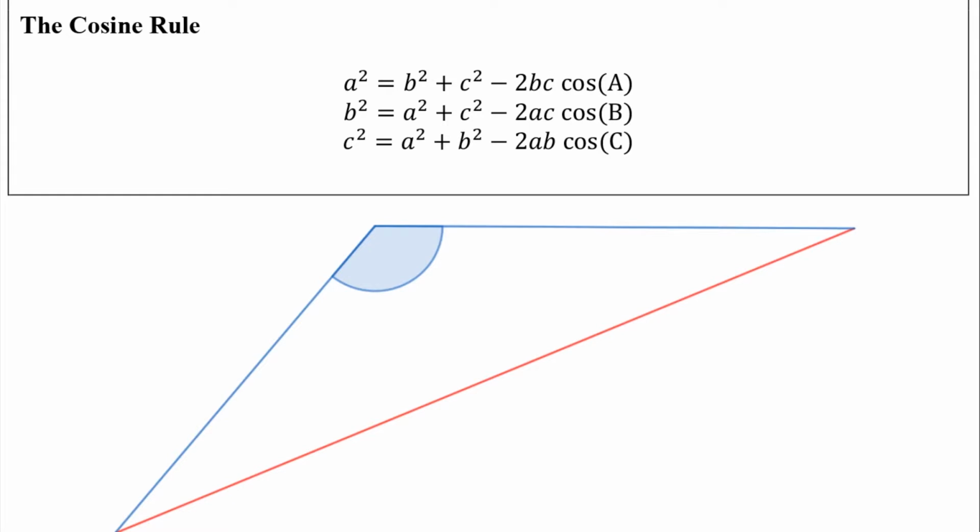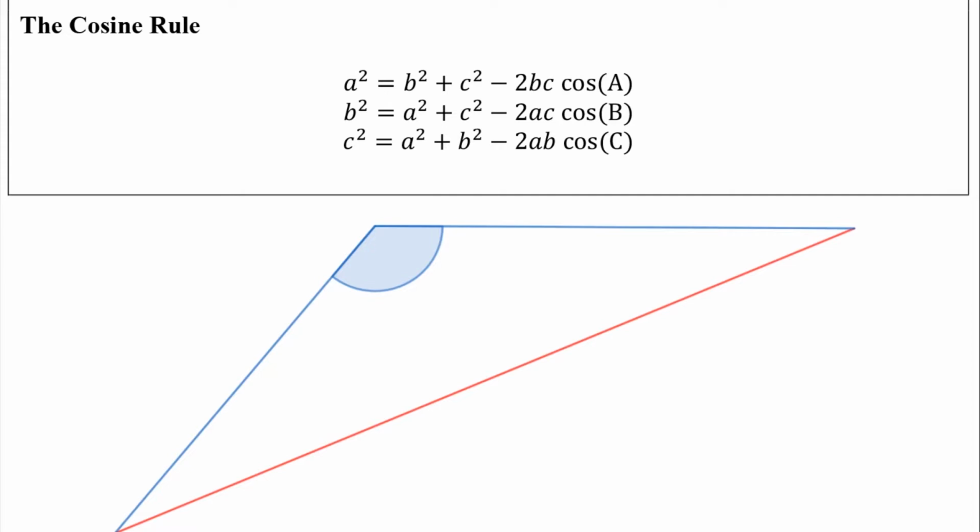Rather than worrying about exactly which sides or angles we're going to call A, B, and C, think of it like this. The cosine rule connects something about one side of a triangle on one side of the equation, and the other sides of the triangle and the angle between those other sides on the other side of the equation. So, rather than thinking about a squared being b squared plus c squared minus 2bc cos A, I would think of it like this.